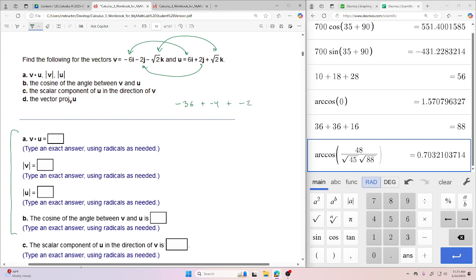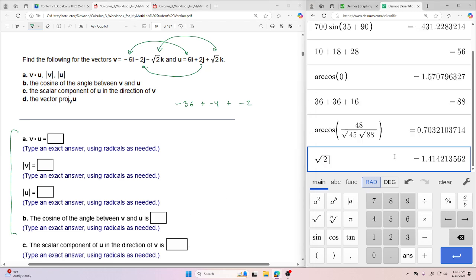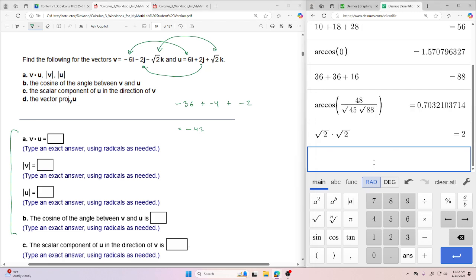Square root 2 times square root 2 is 2, and it's a negative because there was a negative there. What is it, -42 in the end? Am I right? 36 and 8. Man, y'all are making me doubt. Okay, good. So that's my answer for that one.